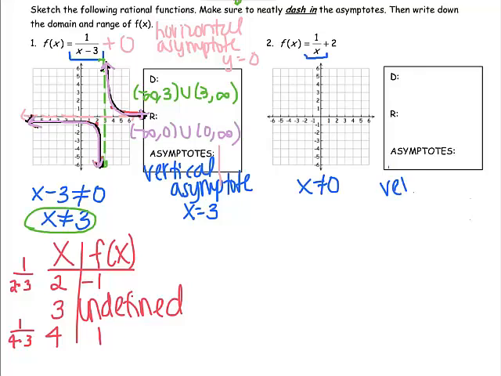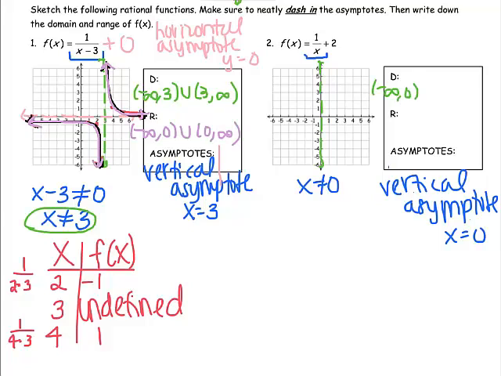So now I know that my vertical asymptote is x equals 0. That actually helps me with my domain, because if I draw that in, without doing anything else besides that so far, I can say, well, the only x value that I can't have is 0. So I can almost write that domain as soon as I figure out where my vertical asymptote is going to be.